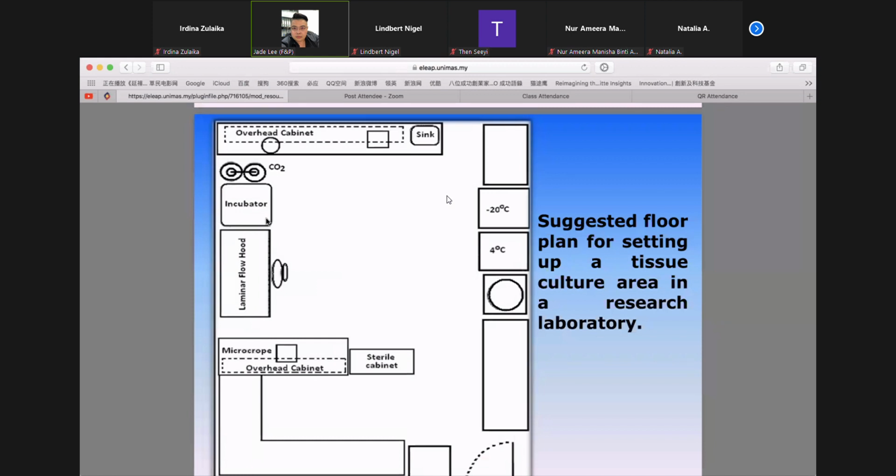At the same time, you should have the microscope for you to observe the phenotype of your culture, and to do some cell counting as well. You should also have a sterile cabinet to keep all the sterile plasticware and glassware.